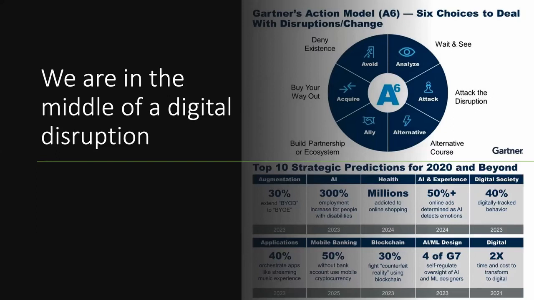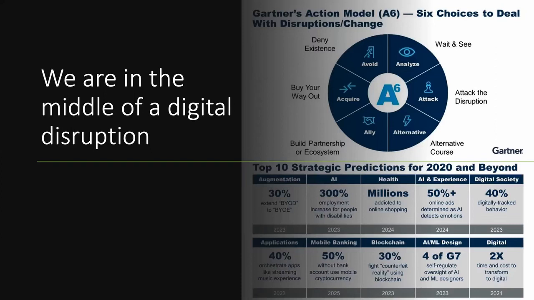years. If you look at Gartner, Gartner is talking about a couple of different choices and ways to deal with the disruption that we're facing. You can either deny it, or you could accept it and deal with it and find a way to accommodate that disruption.